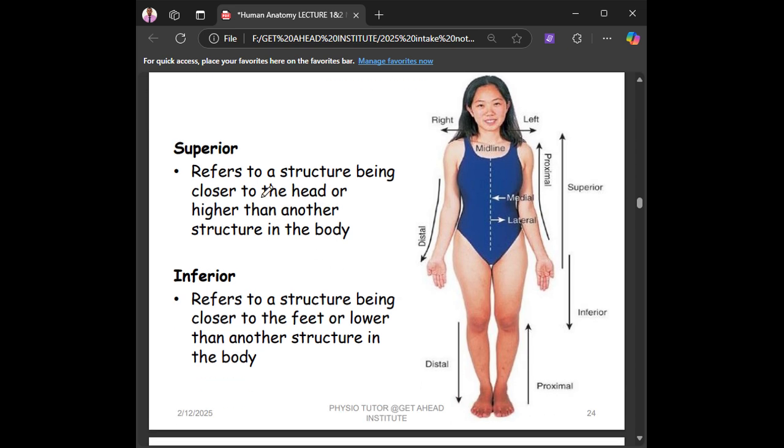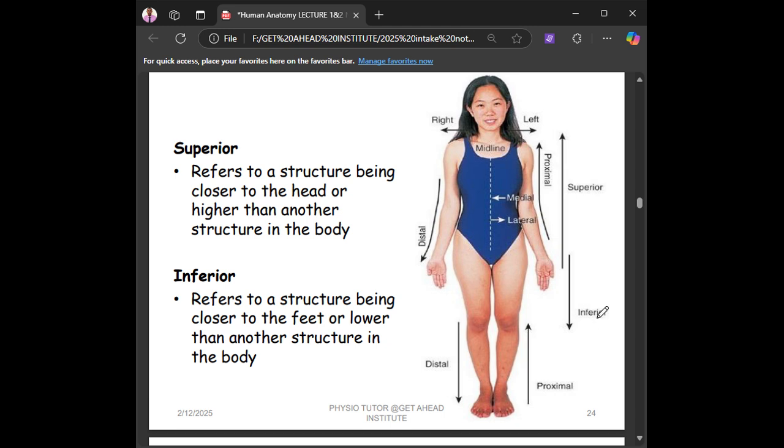Okay, so when it comes to superior, as you can see here, going towards the brain or the cranium, that is superior. Then going down here, that is inferior.